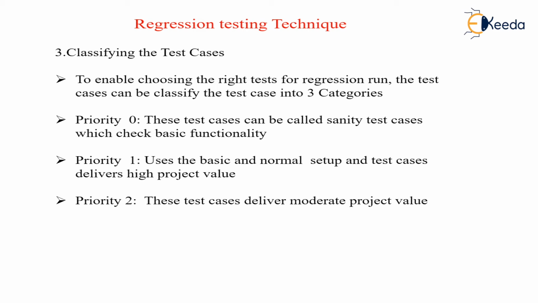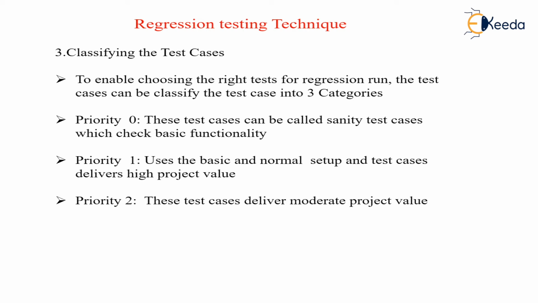They also run when the product goes through a major change, when a major change is implemented in the requirements. Remember, the requirements and the modules or the functions go hand in hand. These test cases deliver a high project value to the product team, the development team and the customers.